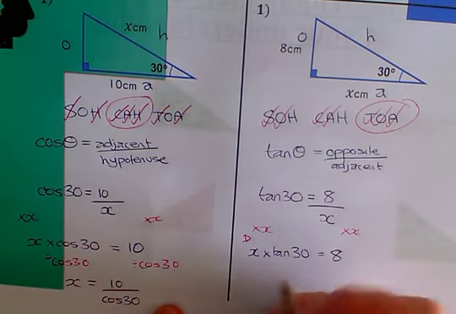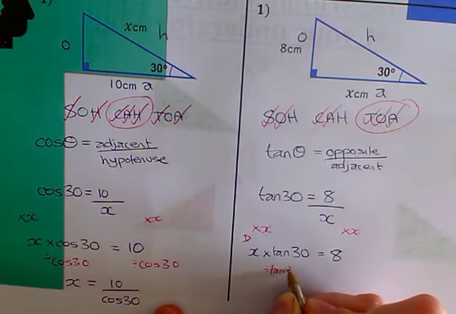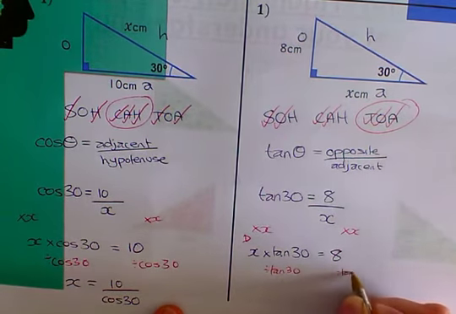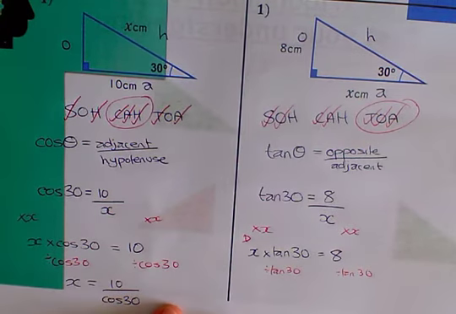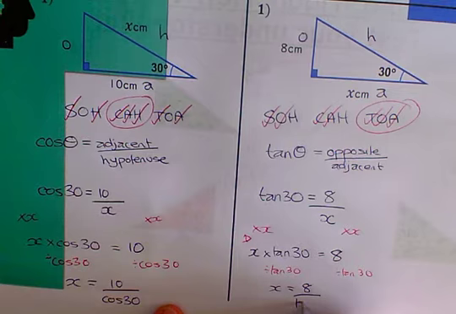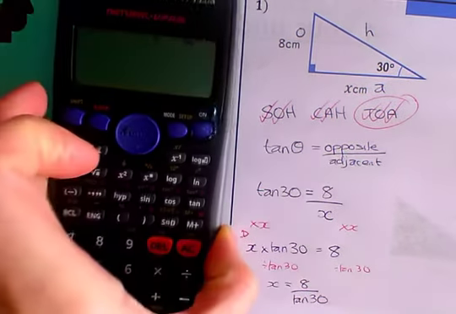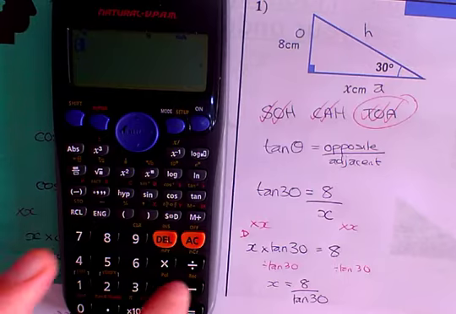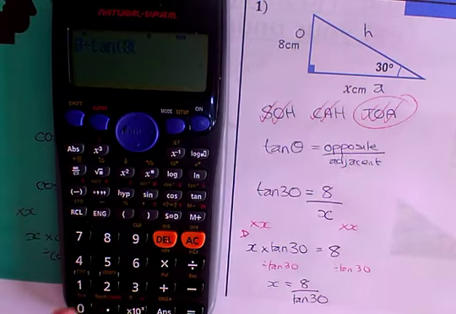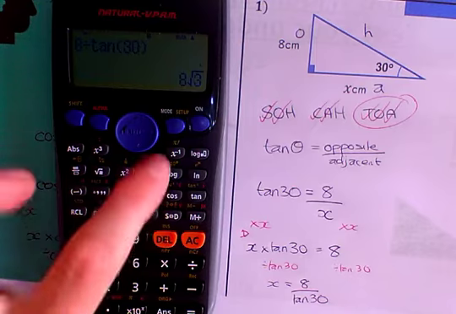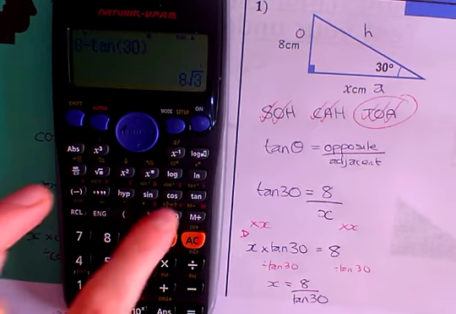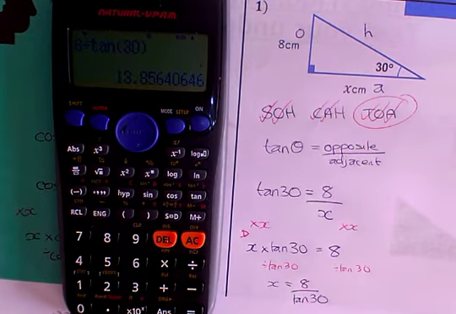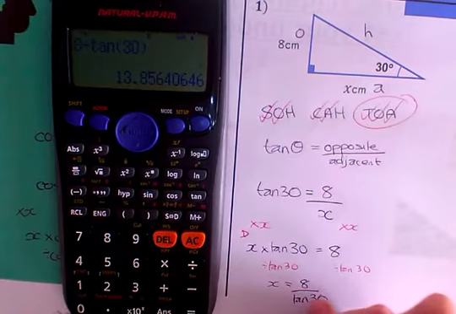And then to get x by itself, divide throughout by tan 30. And you would get that x is equal to 8 divided by tan 30. Grab your calculator. 8 divided by tan of 30, close the brackets, and your answer is 8 root 3, which is equal to 13.9 to 1 decimal place.